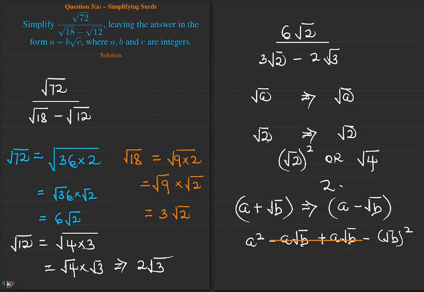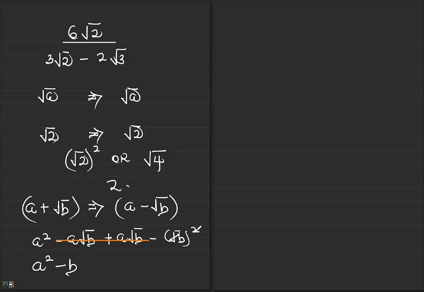And then at the end of the day, we only have our a squared, and then this takes out this to give us a minus b. So you realize that initially it was a radical expression, and we have rationalized it so that it has become what? A rational expression. So that is the same thing we want to do right here.